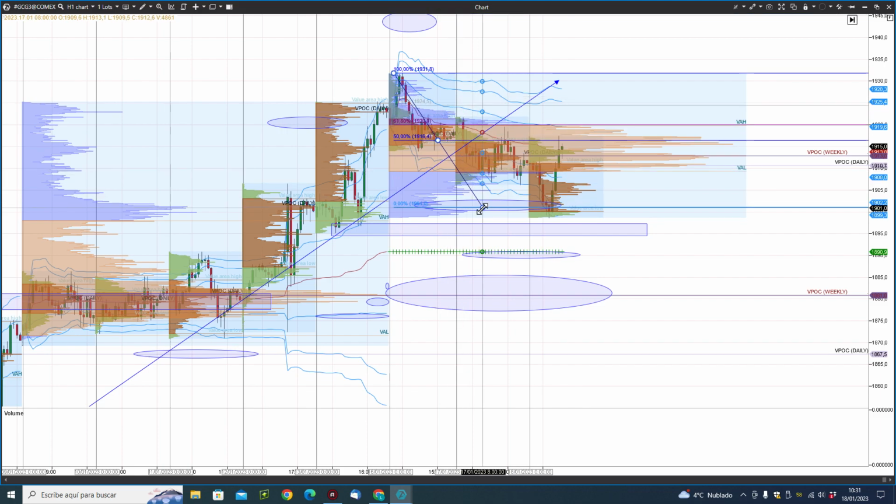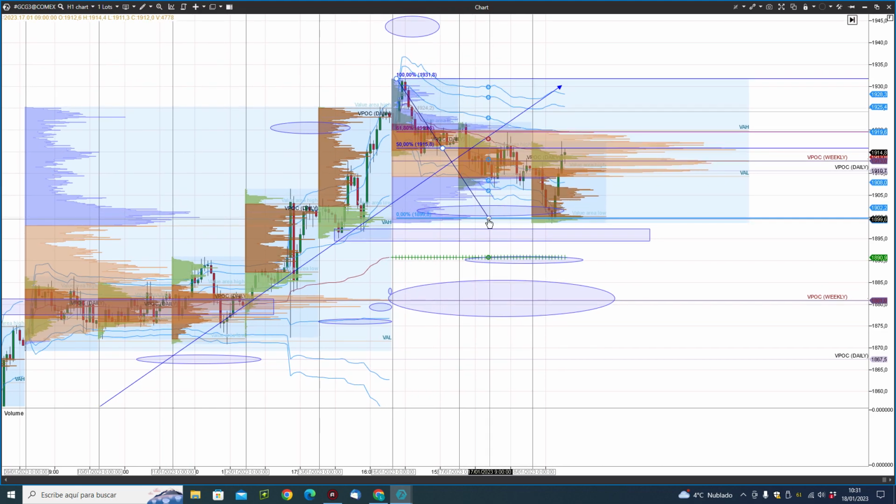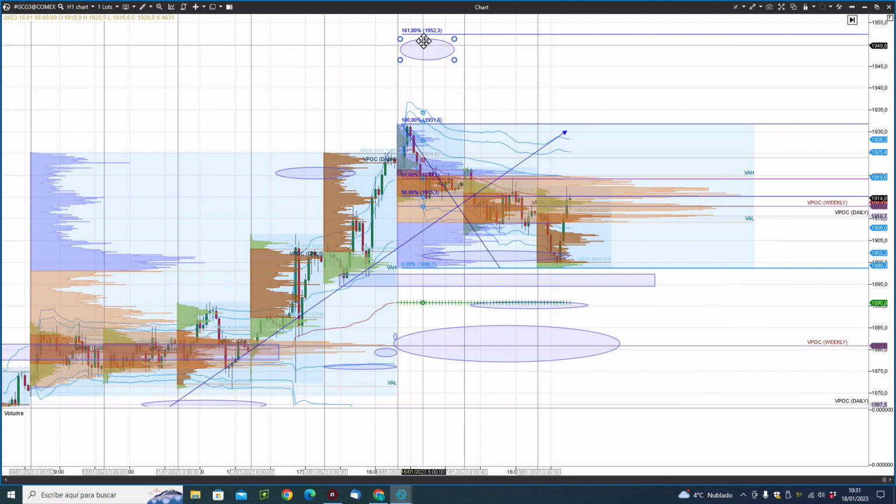Let's see. If it's the finish of this pullback, our target, and then it breaks the max of this week, 1132. The possible target would be 1152.